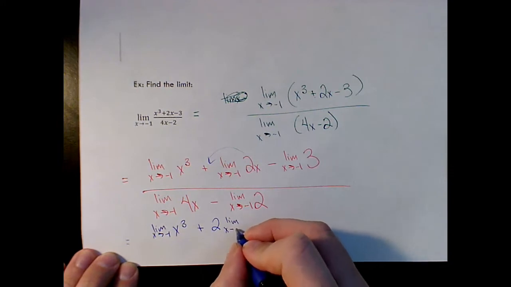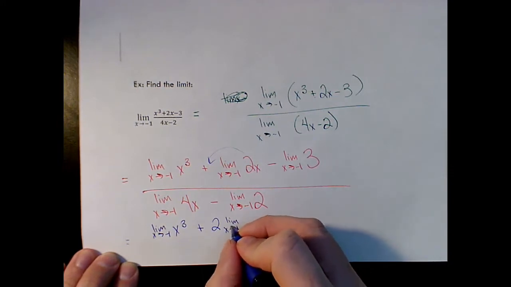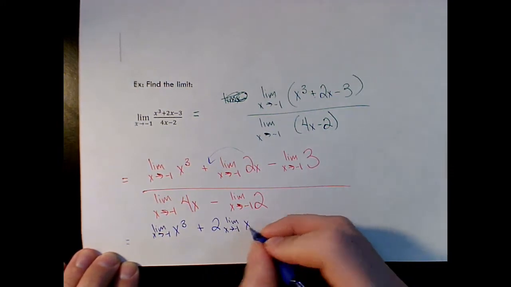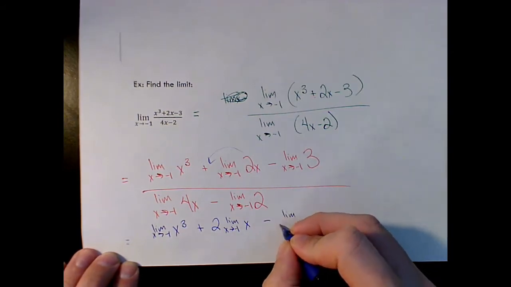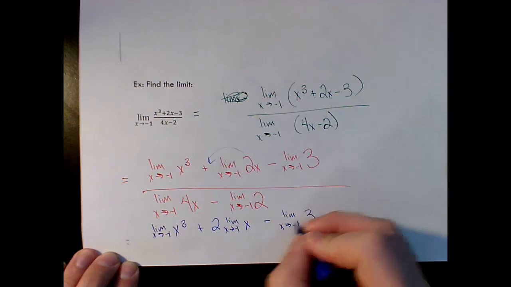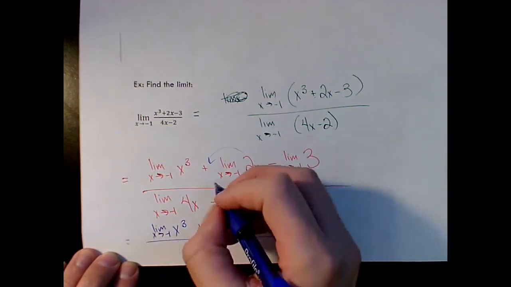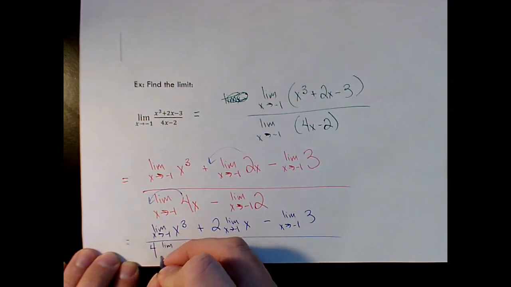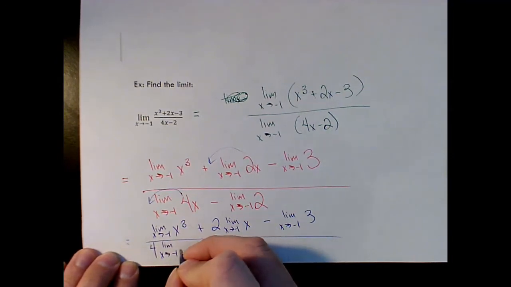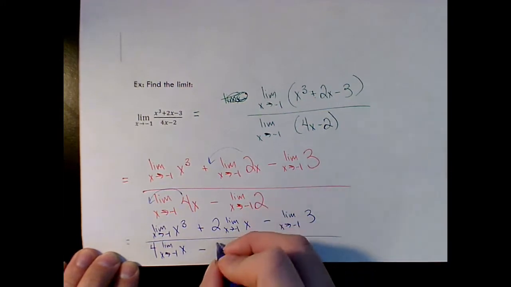I think it was the fourth one. Again, not completely necessary, especially after you find out in the next slide what we could just do. The limit as x approaches negative 1 of 3 all over, I could do exactly the same thing here for the limit as x approaches negative 1 of x minus the limit as x approaches negative 1 of 2.